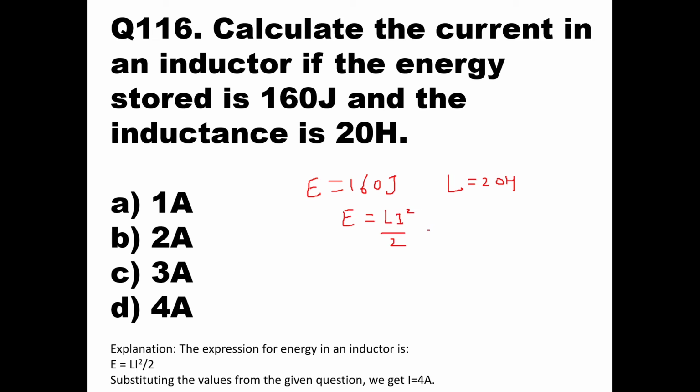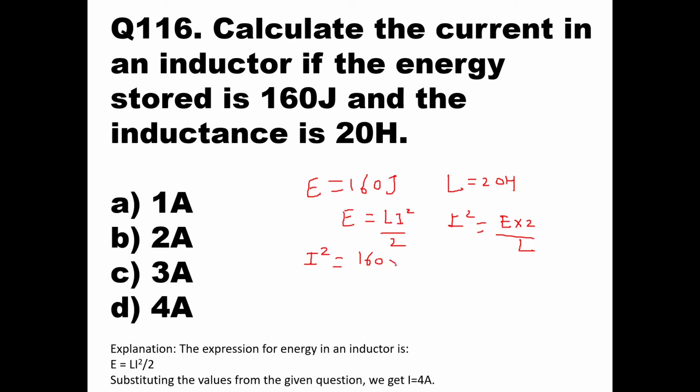Here you have the value of E and the value of L. He has asked to calculate the current. Now in this formula, I square is equal to E into 2 upon L. So you can take I square is equal to E, which is how much?